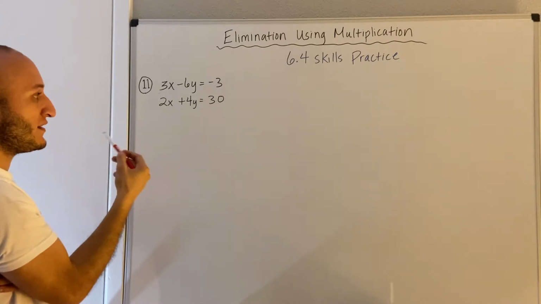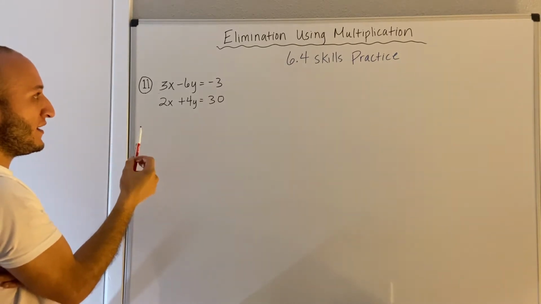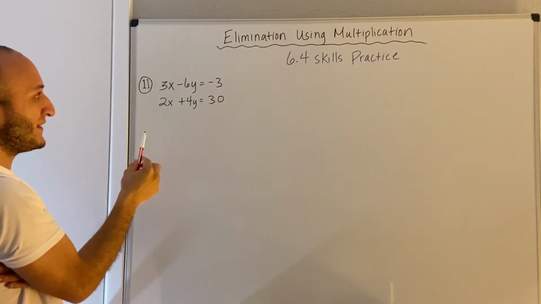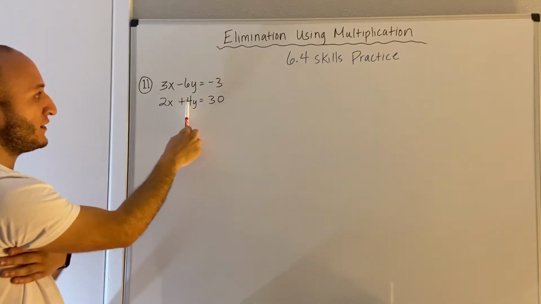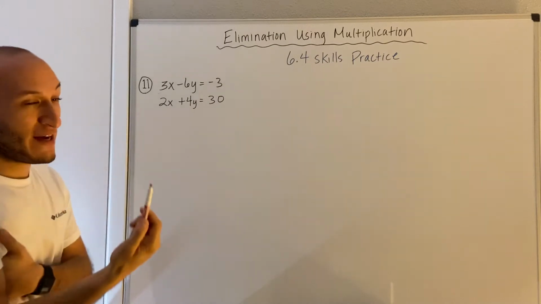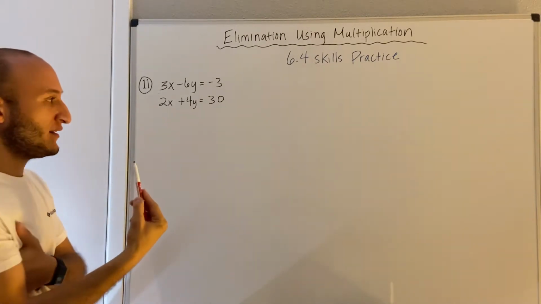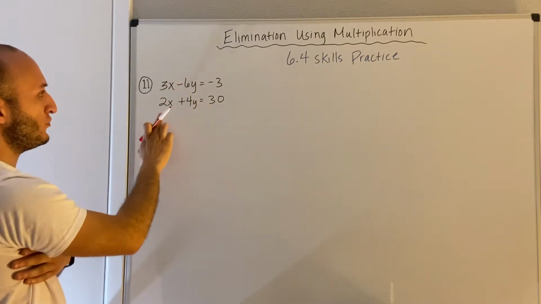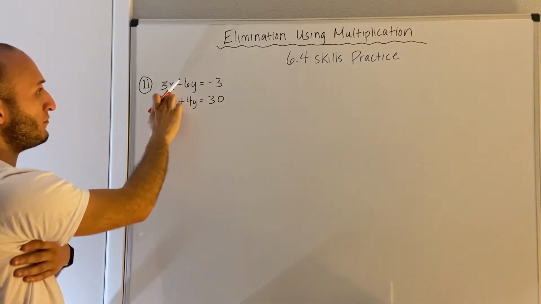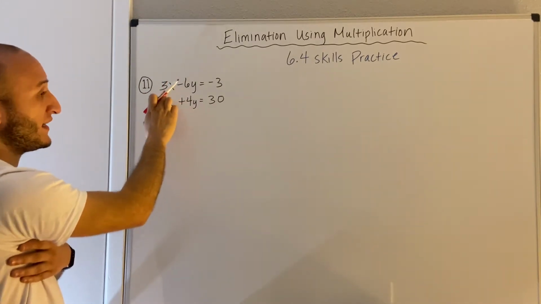So what I'm essentially trying to do is get either x or y to be the same with one of them having a negative. Okay, so I'm gonna look at changing my x's so that they cancel out.